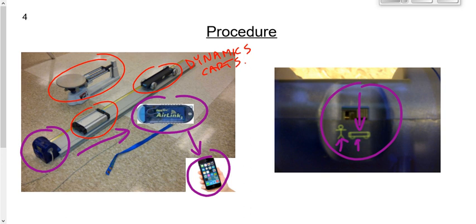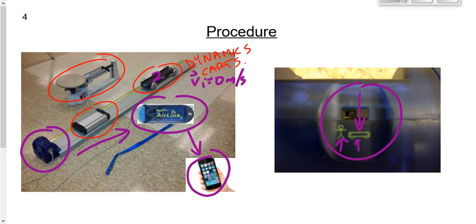All right, what's the procedure going to look like? Well, it's actually pretty quick and pretty straightforward. Once you've got everything set up, you're going to put one dynamics cart, we'll call it dynamics cart number 2 actually, somewhere away from the motion sensor at rest. So it's going to start off every single trial with an initial velocity of 0 meters per second.